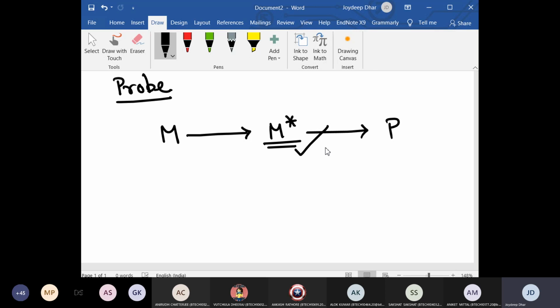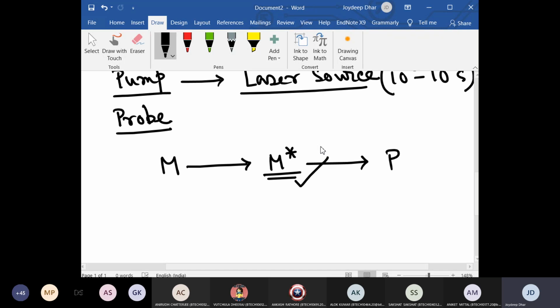When it is giving you product, how fast it is giving, according to that we will choose the nature of the probe. What type of probe we have to choose, we can vary depending on the frequency range and the time scale of the probe. We will monitor with respect to time.